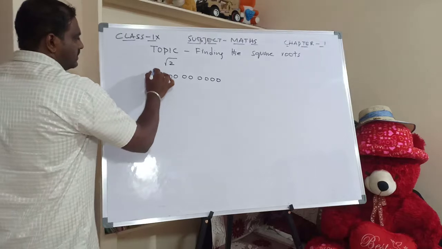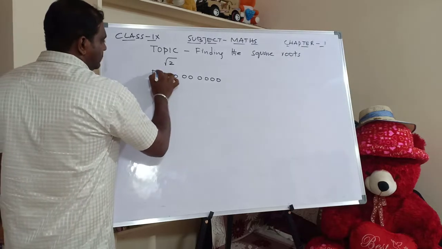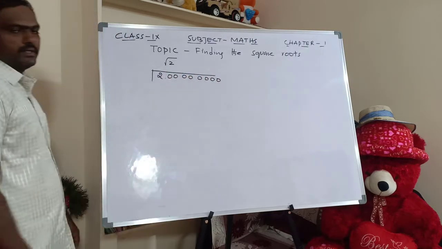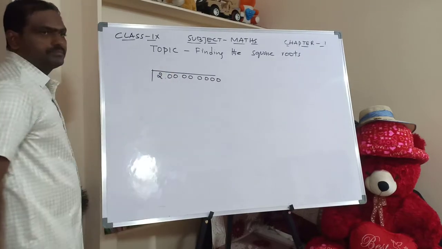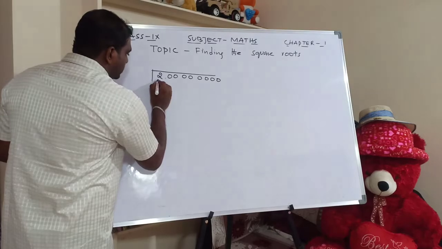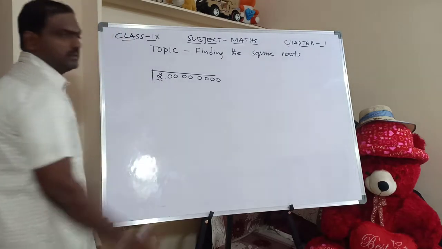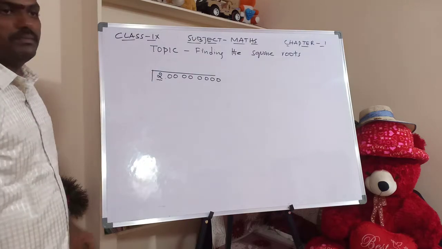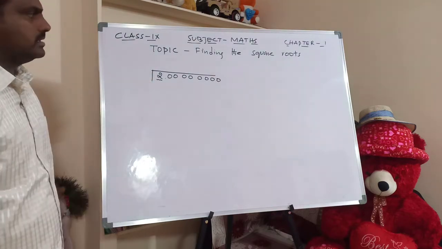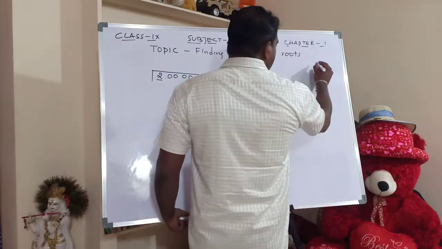Then you have to start finding the square root. The first step is, first you have to take this number 2. We have to check the nearest perfect square to that. So what are perfect squares?